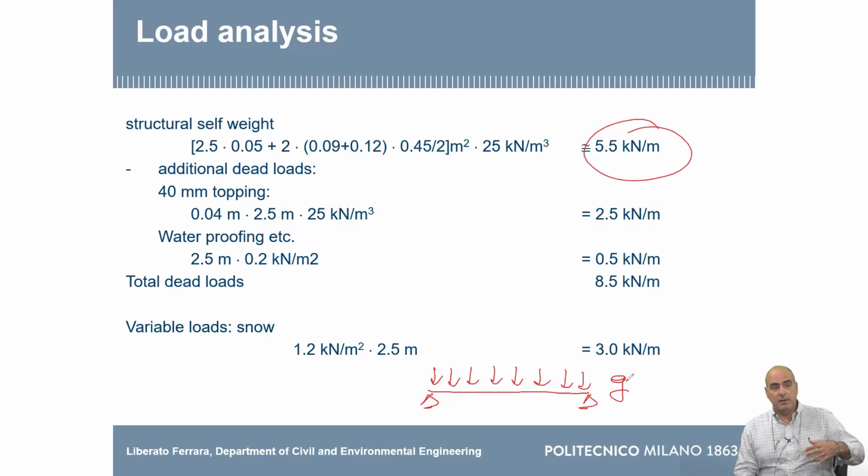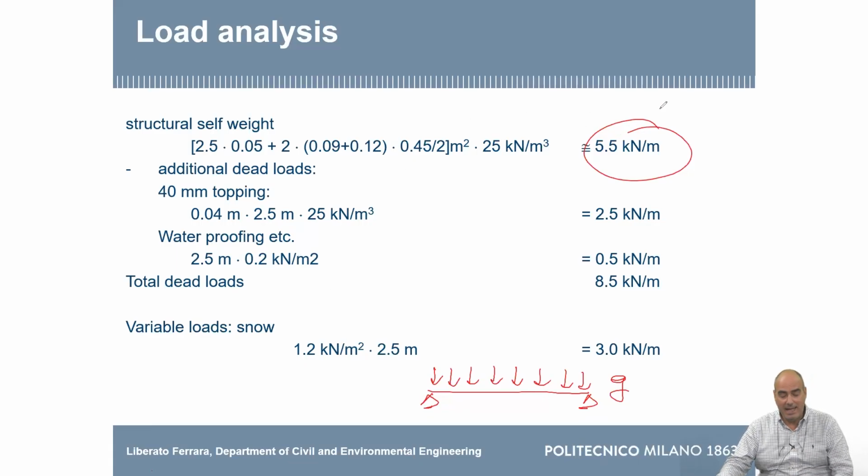Well, then we have to consider that when this element will be installed in a structure to make, for example, the roof of a building, likely also for seismic reasons or so on, we might have some topping on it, 4 centimeter reinforced concrete topping, which is this one. And then, if it's a roof, you might add some waterproofing, thermal insulation, and so on, but these generally do not count too much.